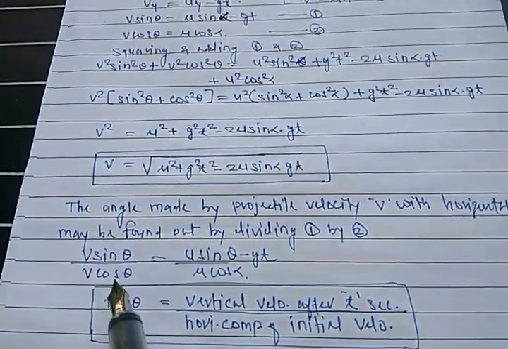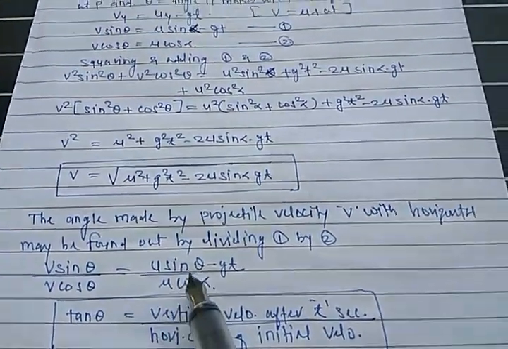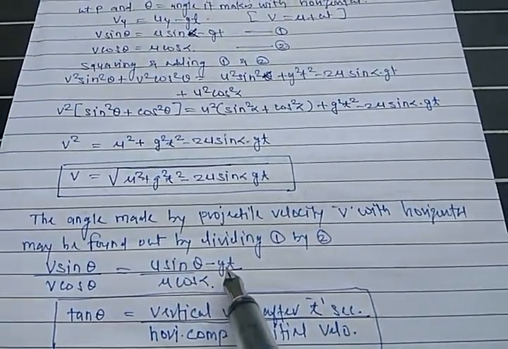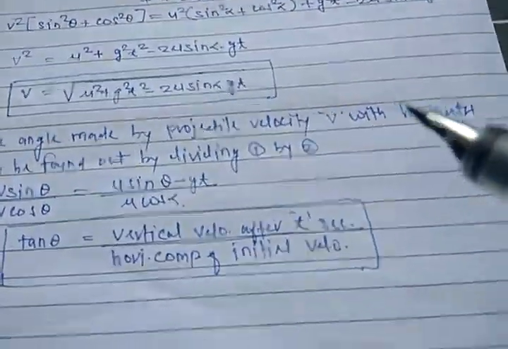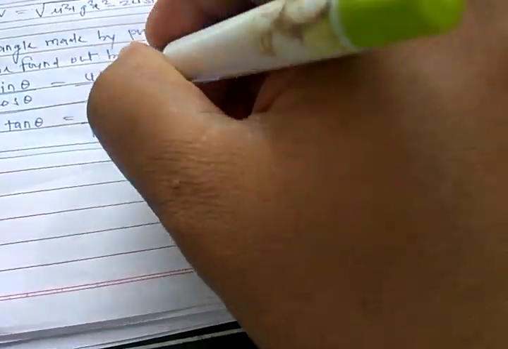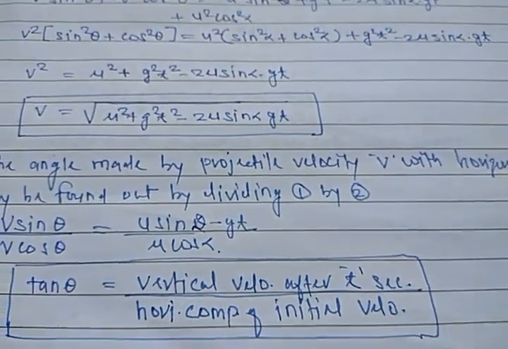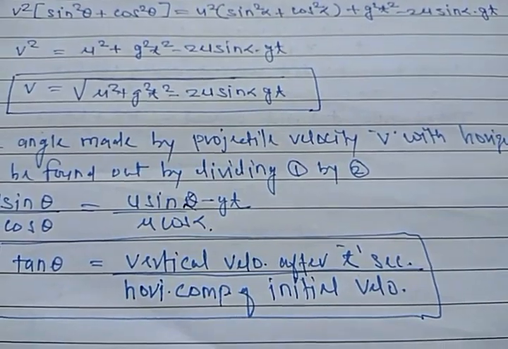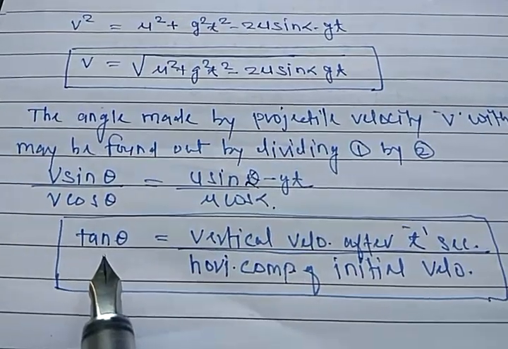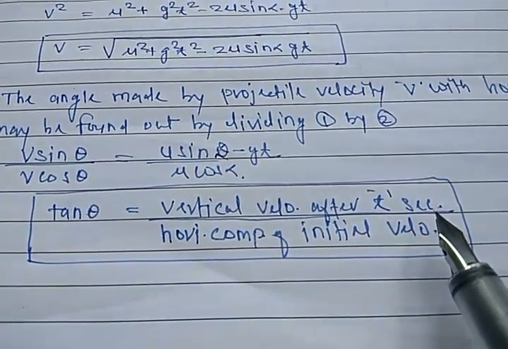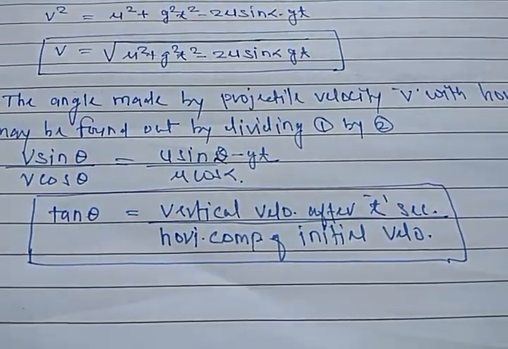Okay, so v sine theta upon v cos theta, that is tan theta, equals u sine alpha minus gt upon u cos alpha. It simply means tan of theta is equal to the vertical velocity after time t seconds divided by the horizontal component of initial velocity.